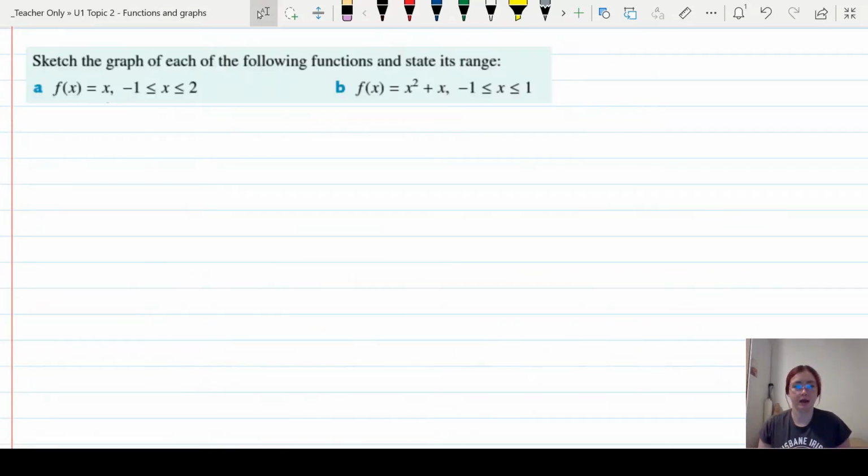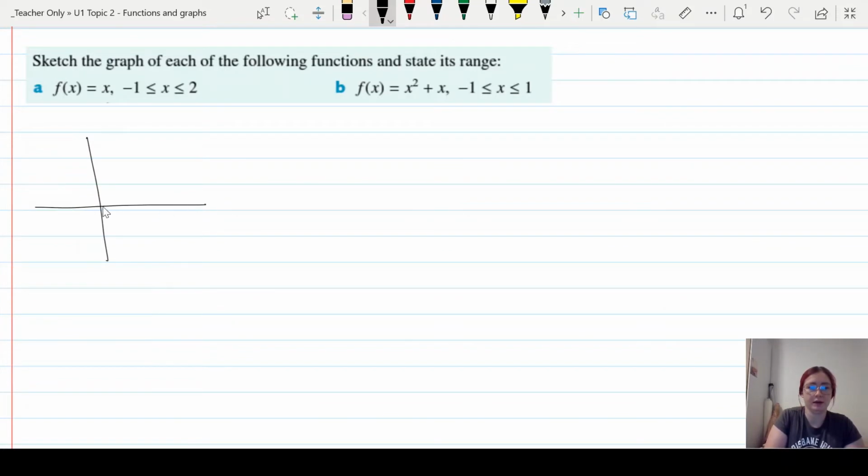For part A here, for both of these, we want to sketch the graph of these functions and state their range, and we've been given a domain here. So for f of x equals x, all that's going to look like is that. It's y equals x. We're just using different notation. But we want to make sure that we are bounded by this domain. So x is going to go no further than -1, which would be there.